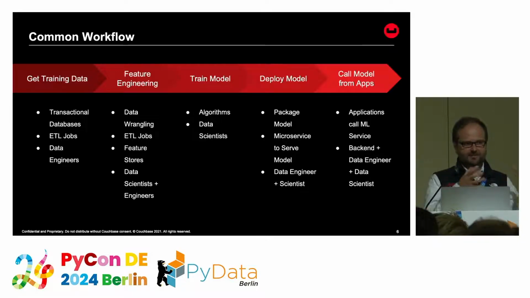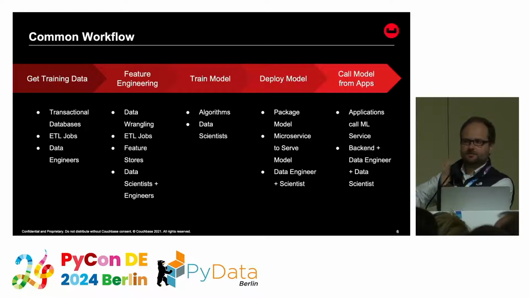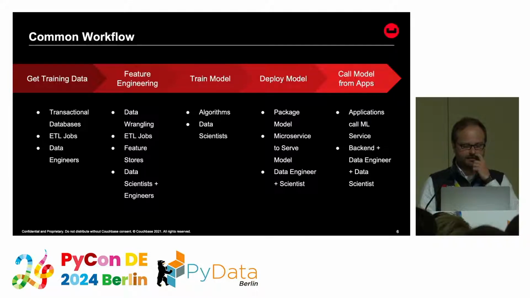Then, very important, you usually cannot do ML directly in the database. You need to put the data into some other store. This is usually done with an ETL job, by a data engineer, someone who knows the database, how to extract data and bring it into the right format for the next step.